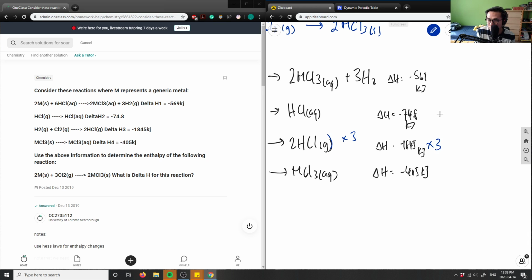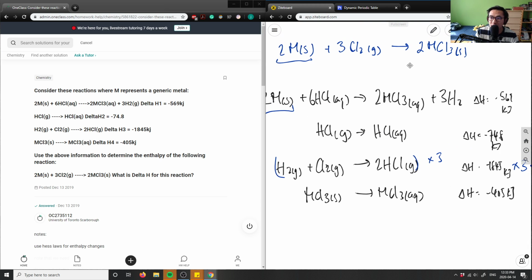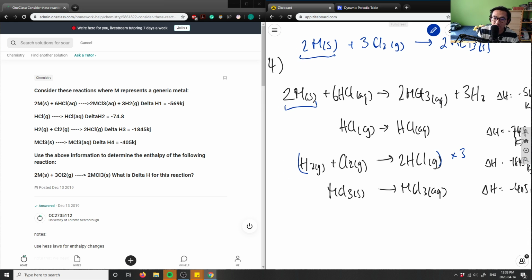So let me multiply here by 3 first, and let me get the enthalpy here, negative 1,845 times 3, right? Which is negative 5,535 kilojoules. Okay, so we have that here. So now this here becomes 3, this here is 3, and this here is 6, right?